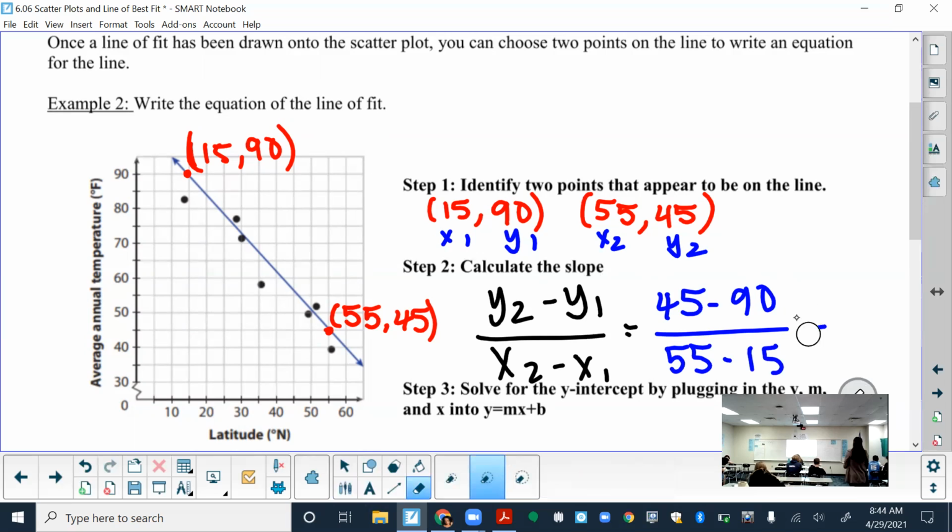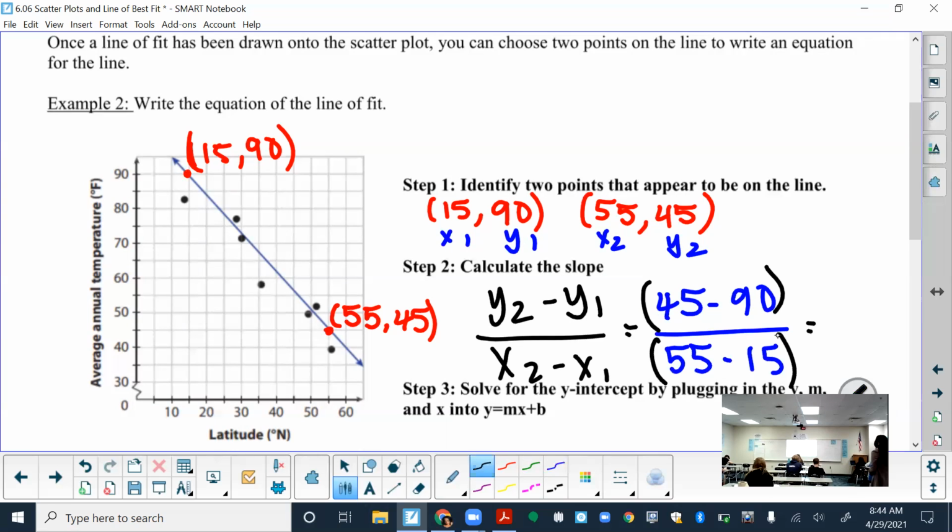We could put this into Desmos, or we can just calculate it by hand. If you're using a calculator, make sure you put parentheses around the numerator and denominator. So 45 minus 90 in the numerator divided by 55 minus 15. And our slope is about negative 1.1.